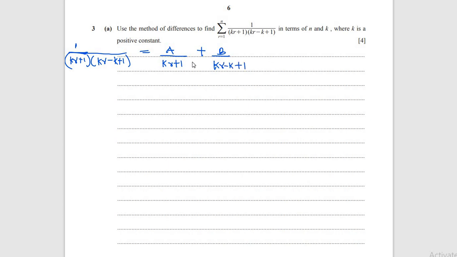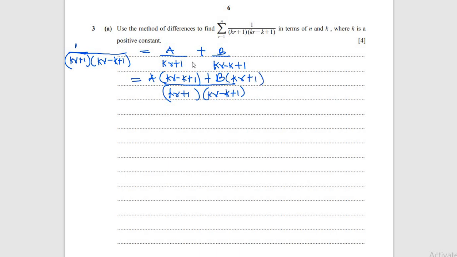So now the LCM here is kr plus 1 multiplied by kr minus k plus 1. So at the end of the day, you're going to have a multiplied by kr minus k plus 1 plus b into bracket kr plus 1.